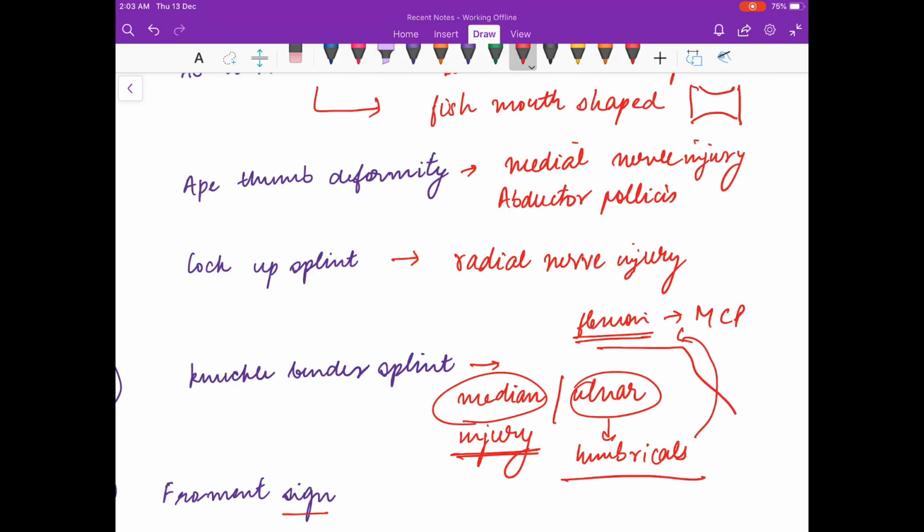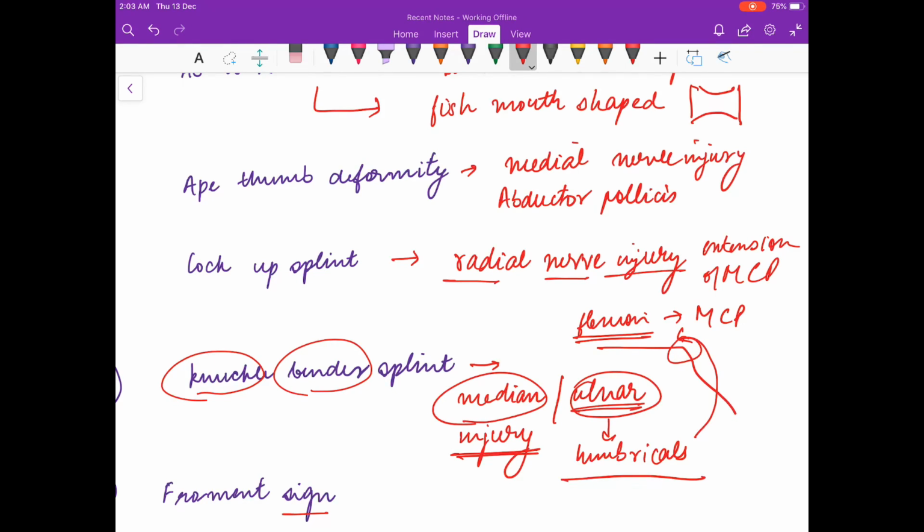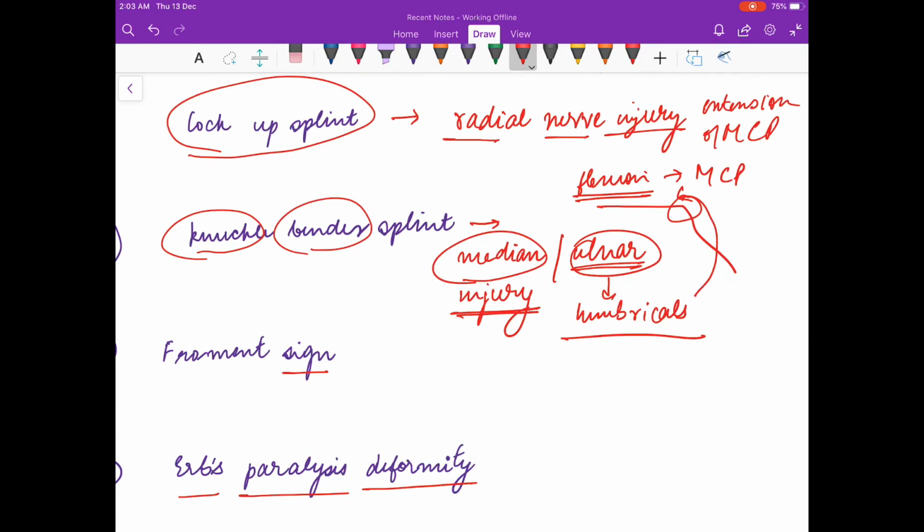So for injury of ulnar nerve, we will need a splint that will cause bending at the metacarpophalangeal joint. Radial nerve causes extension of MCP, so we need a splint that causes extension at the metacarpophalangeal joint. Froment sign is for ulnar nerve injury.